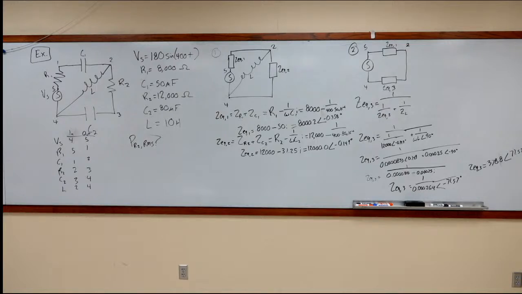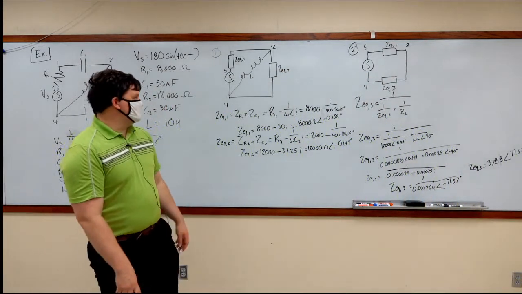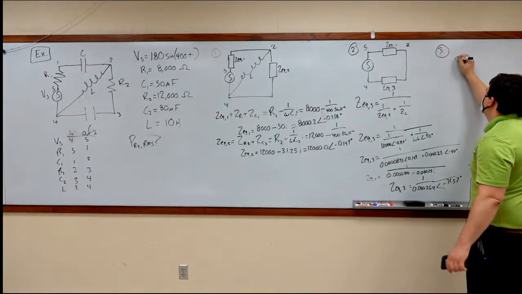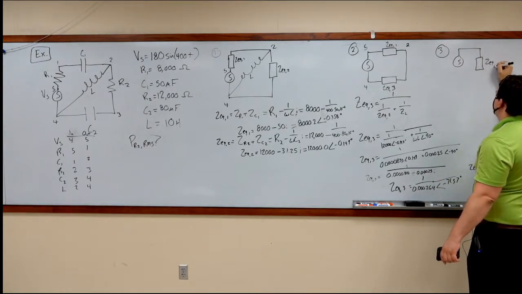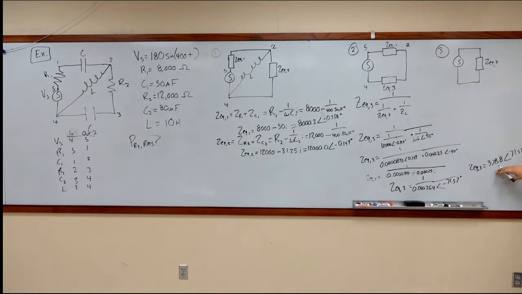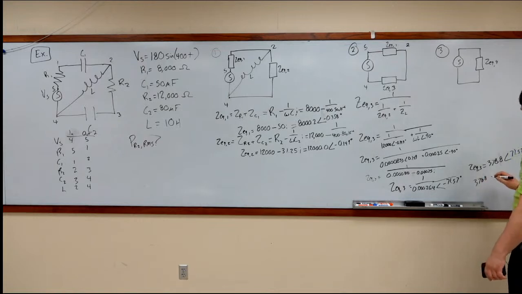And lastly, we add all of these in series. So our third and final system looks like this, where this is ZEQ4, and it's just in series. So I'm going to go ahead and break this out into real and imaginary added together. So this becomes 3788 times cosine 71.57, and that's the real component.